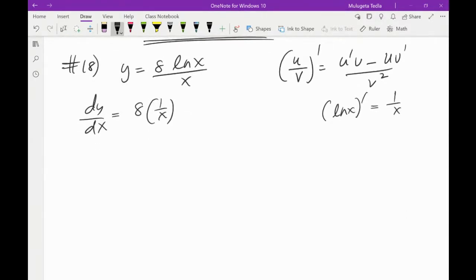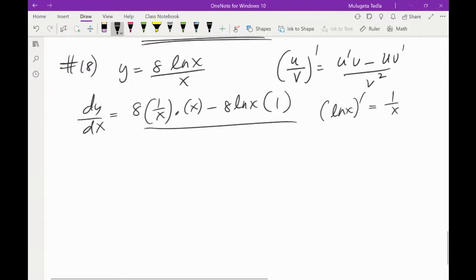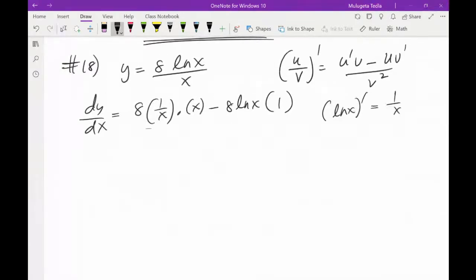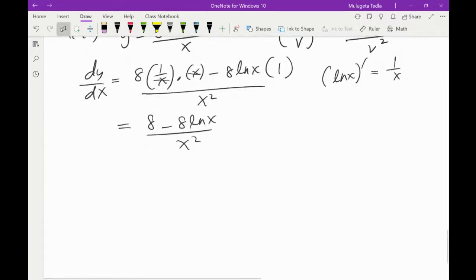So that is the derivative of the top times the bottom, minus the top times the derivative of the bottom, which is 1, over the denominator squared. So this is 8 minus 8 ln x over x squared, or we can leave it like that, or 8 times (1 minus ln x) over x squared would be the answer. Both are good answers.